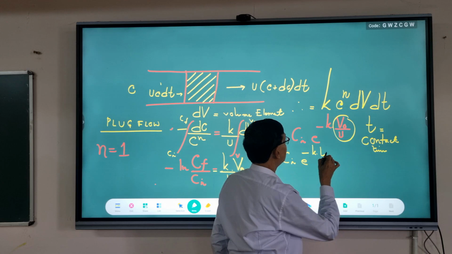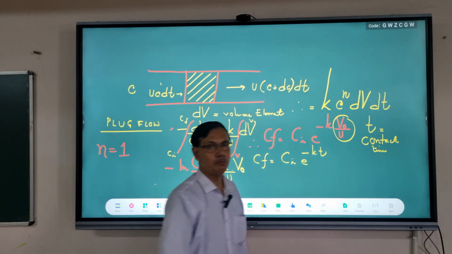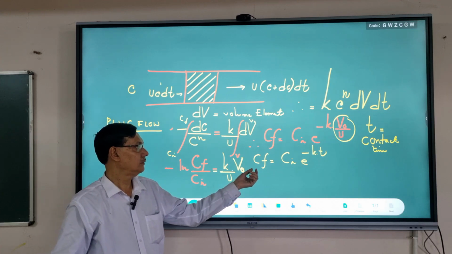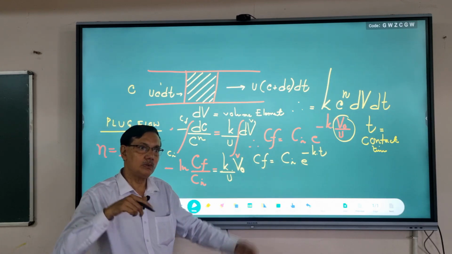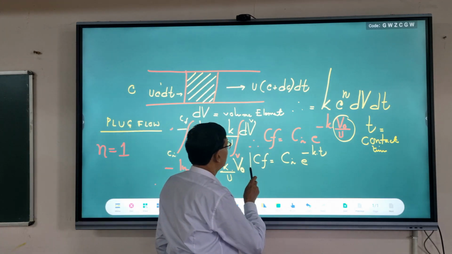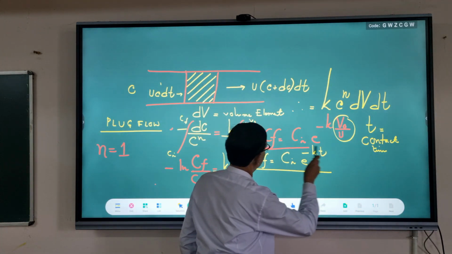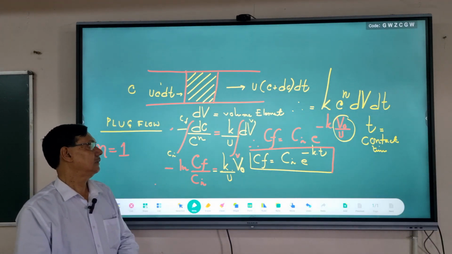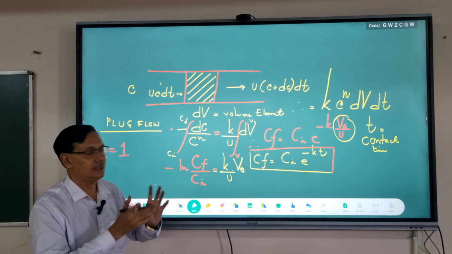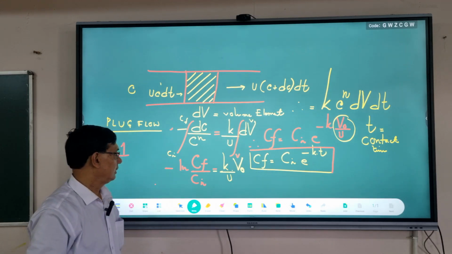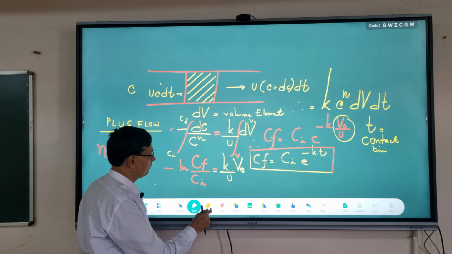You follow my point. It is just like your first order kinetics, A initial A0 exponential minus kt. That means in first order kinetics only we modified the system. We modified the device.